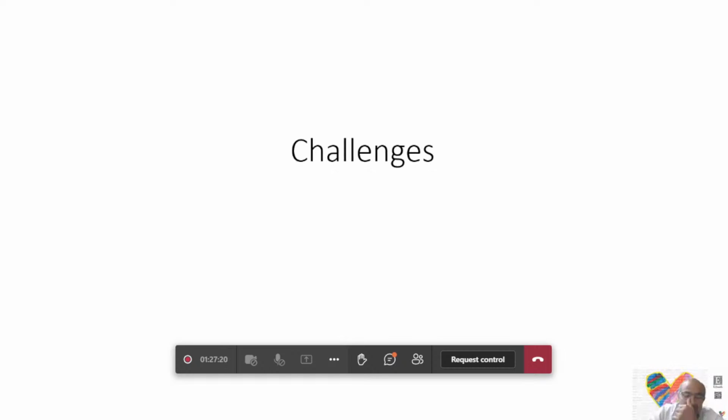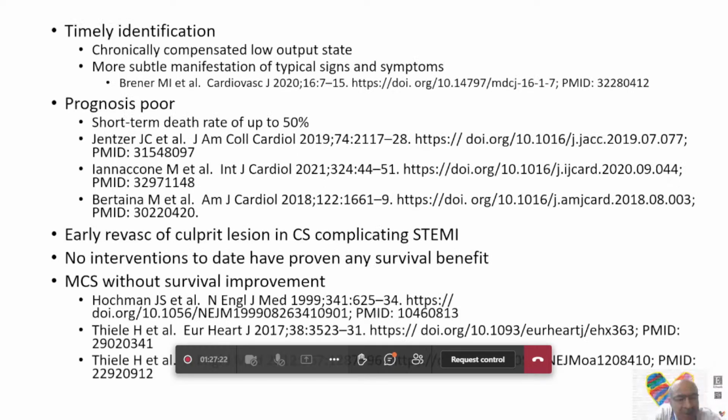The challenge in this subset of acute decompensated heart failure is that timely identification is difficult, because these patients are in a chronically compensated low output state, and the manifestations of typical signs and symptoms are subtle. The other challenge is that prognosis is poor, and the short-term death rates are very high. The only benefit we have seen in cardiogenic shock was early revascularization of the culprit lesion.